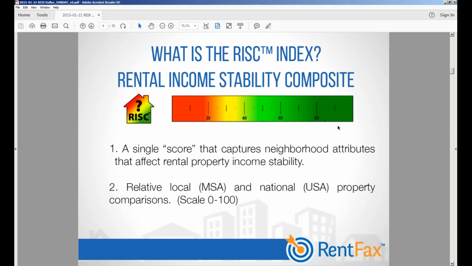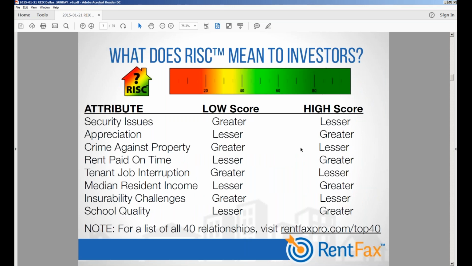Why that's important as an investor or lender, or however you may touch investment properties, is that stability is really a good indicator of risk and some decisions you should make. So, single score from 0 to 100, 0 being not stable at all, 100 being very stable.